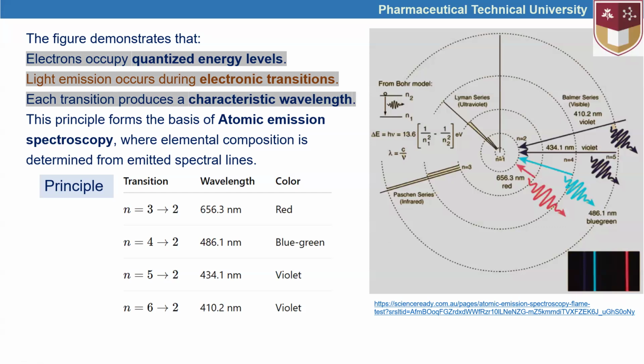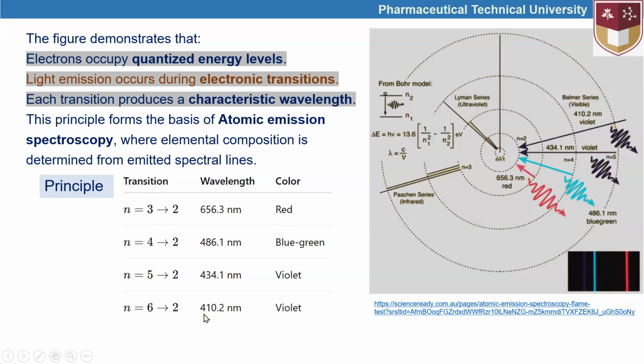as we talked a few times in our lectures. So here we can see this 656.3 nanometers belongs to the red one, resulting from the falling back of the electrons located at a short distance.